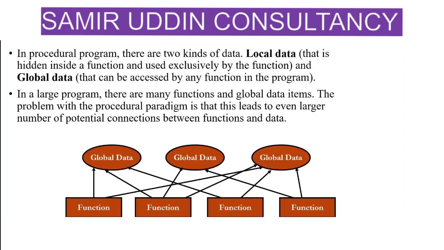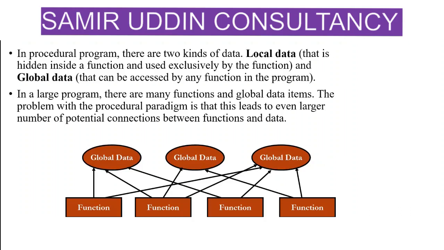So let us discuss the problems with procedural programming in detail. In procedural programs, there are two kinds of data: local data, which stays hidden inside a function and is used exclusively by that function, and global data that can be accessed by any function in the program. In a large program, there are many functions and global data items.